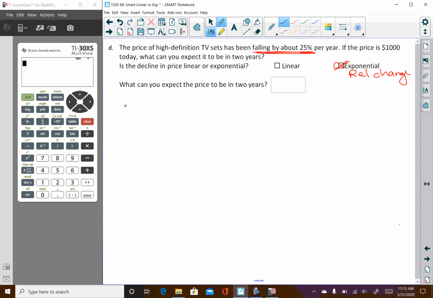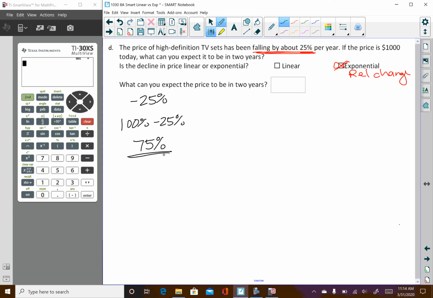So before with the exponential, we did 100% plus 3%. Well, this is a decrease of 25%. So if we think about it the same way, except we're subtracting because it's a decrease, that means the price is only going to be 75% each year.